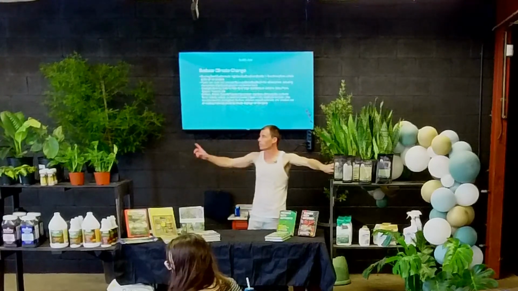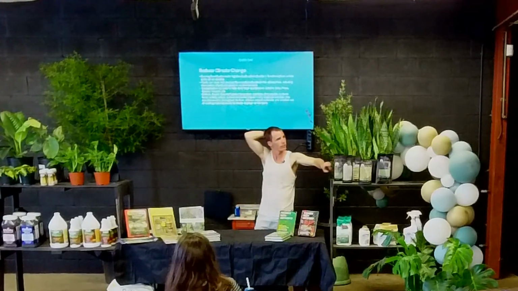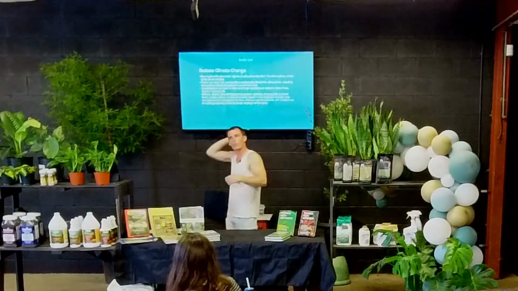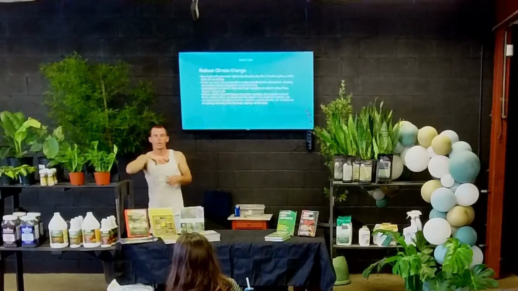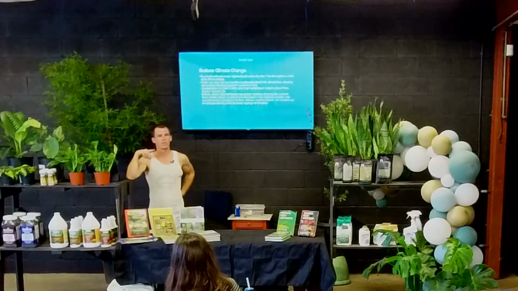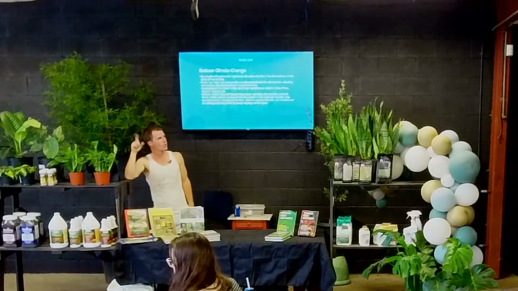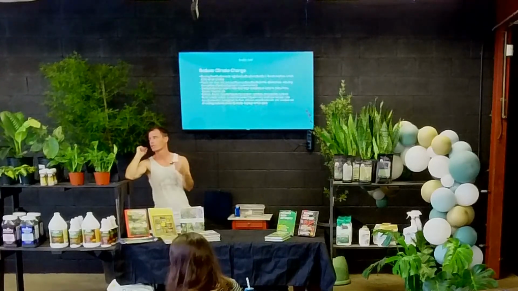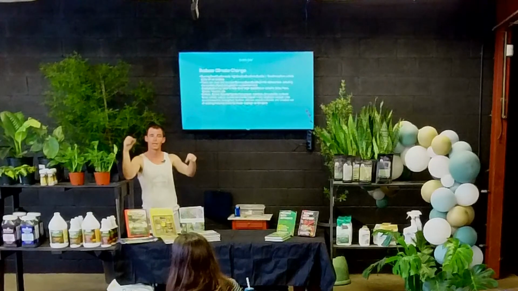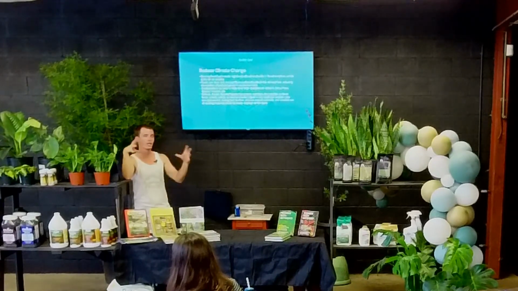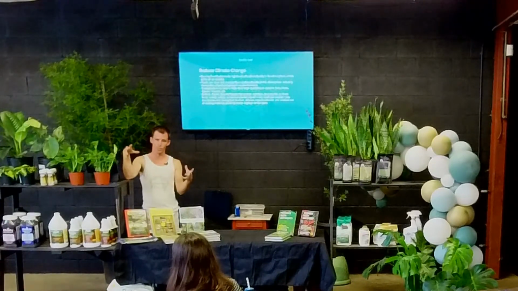I did bring a couple of plants for our indoor selection too, because a lot of folks always ask, hey, what's a good oxygenator for the interior? One thing to understand about plants that are producing oxygen, and this goes for our outdoor plants as well, but especially our indoor ones, is there is no plant that's necessarily producing more oxygen than another. It's about the length of time of day that it produces the oxygen.